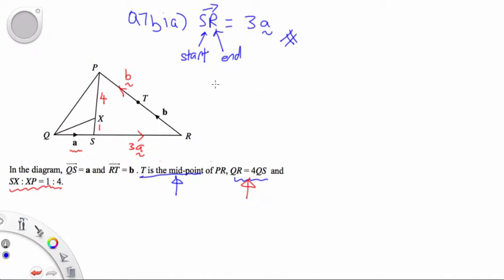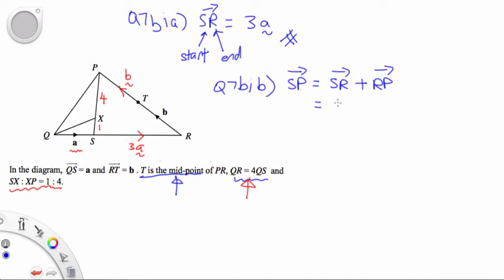Now we will go on to find the vector SP. To find SP, same thing, always link the starting point to the ending point, so I can move from SR plus R to P. So S to R, R to P. Again, from your diagram, you can see that some of the answers you already know.